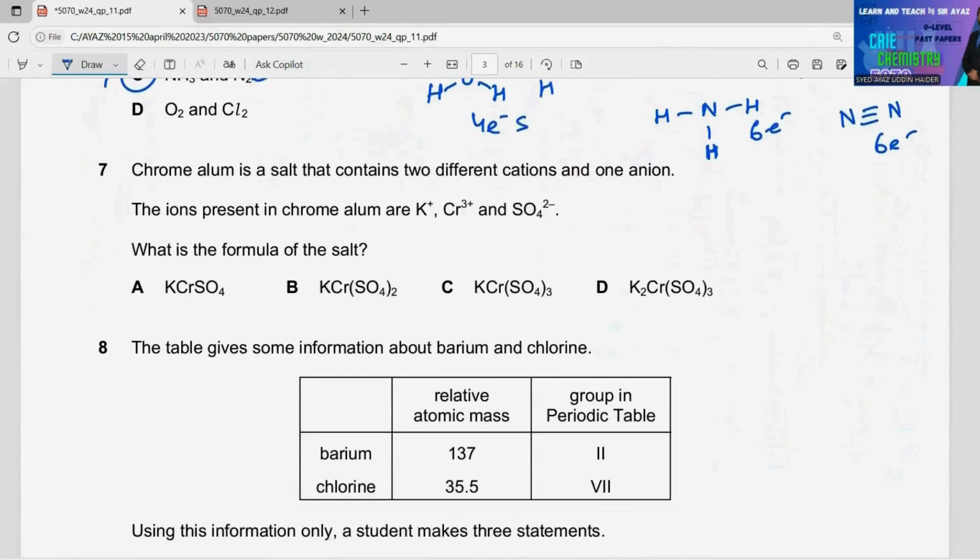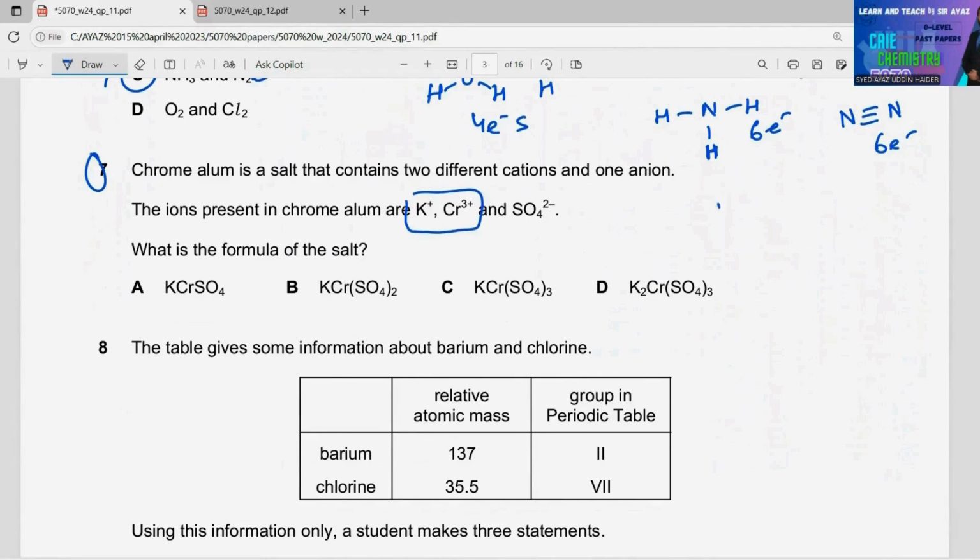7. Chrome alum is a salt that contains 2 different cations and 1 anion. The ions present in the chrome alum are K+, Cr3+, and SO4 2-. What is the formula of the salt? So now we have K+ and Cr3+ as the cations.